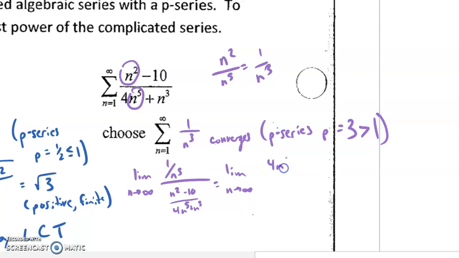So the 4n to the 5th plus n cubed goes in the numerator, and the n to the 3rd gets multiplied by the n squared minus 10. Okay, the most significant term on the top is the 4n to the 5th. The most significant term on the bottom is the 1n to the 5th. So the rest of it goes away, and we have 4 divided by 1, which is 4, which is obviously finite and positive.